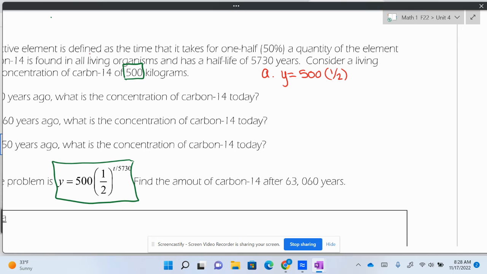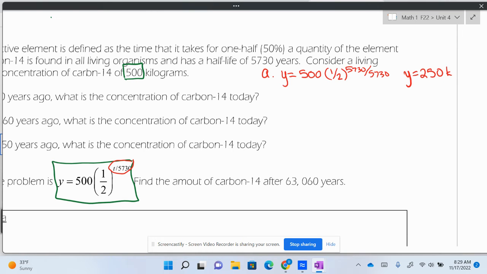Our time is 5,730 years ago, 5,730 divided by 5,730, because you see in the equation, it says take your time and divide it by 5,730. Well, what is 5,730 divided by 5,730? It's 1. So 1/2 to the power of 1 is just, so what's half of 500?